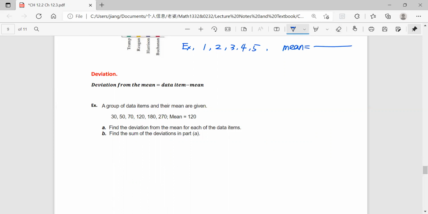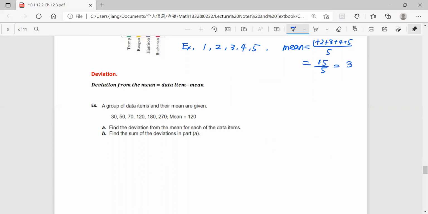Mean equals the sum of all of these 5 numbers, 1 plus 2 plus 3 plus 4 plus 5, divided by how many numbers? There are 5. So 1 plus 2 plus 3 plus 4 is 10, plus 5 is 15. 15 over 5 is 3. So the mean of this data set is 3.